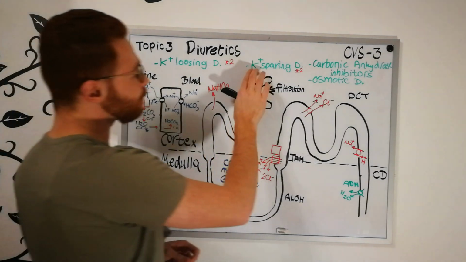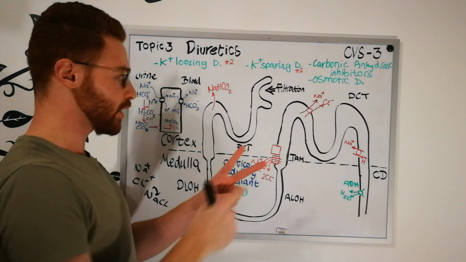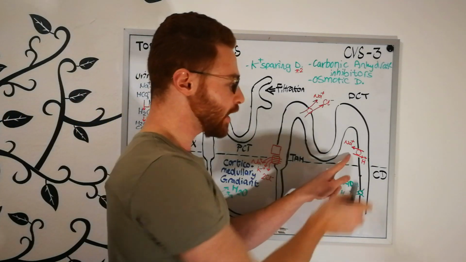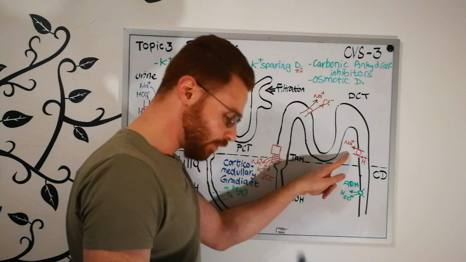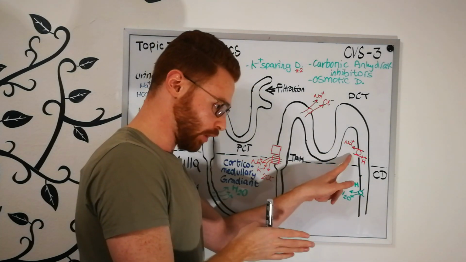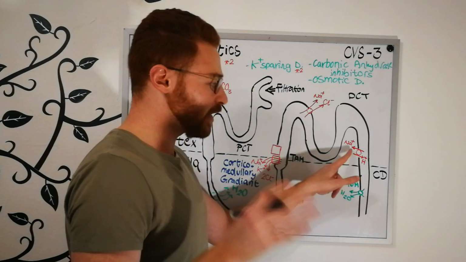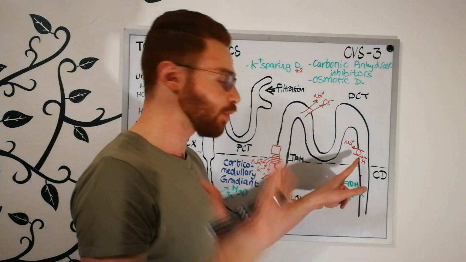Now, the potassium-sparing diuretics, on the other hand, we have two other types. The first one is the so-called the aldosterone inhibitors. They are going to inhibit the transporter that is responsible for sodium absorption that is dependent on aldosterone, which means that this transporter works only if aldosterone is present.